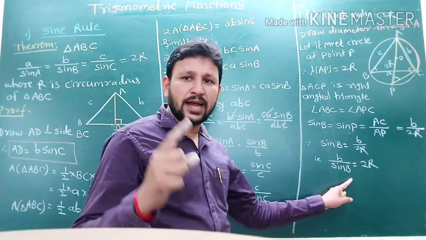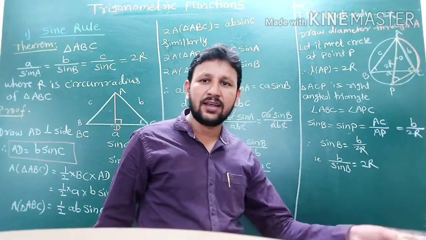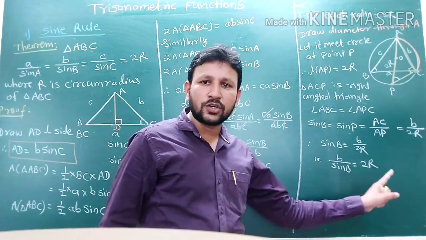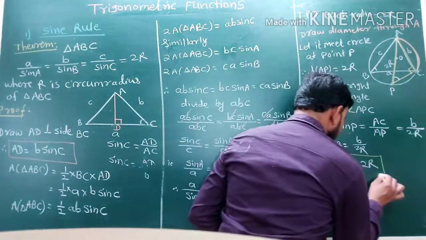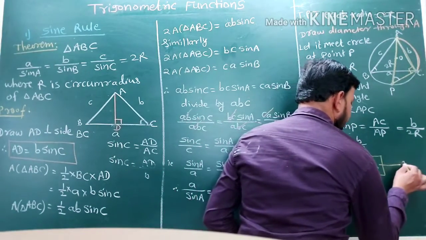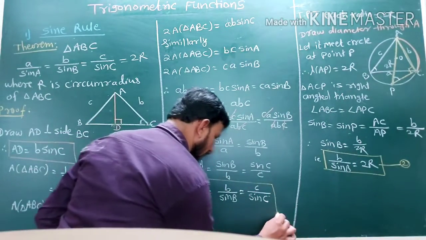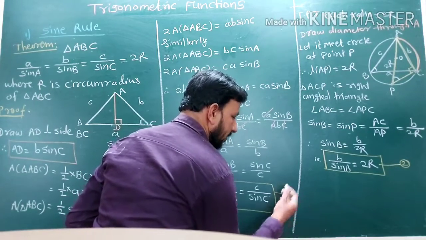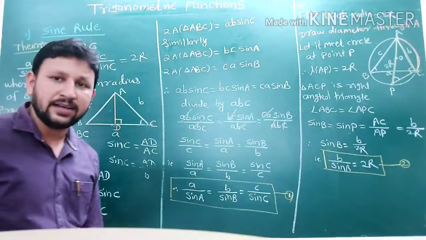Similarly, you can show that a upon sine A is equal to 2 times R and c upon sine of C is also equal to 2 times R. Writing this as the second equation here, and the first equation that you have shown, each ratio is equal. So check from equation 1 and equation 2, all these ratios can be equated.